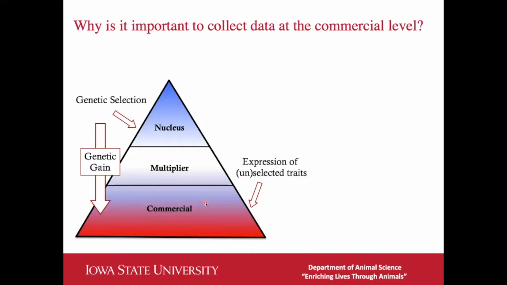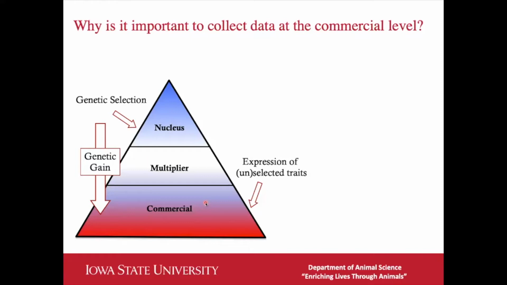At the commercial level, we use high fiber much more frequently than in the nucleus, and this trait is not selected for. Also response to vaccinations, response to diseases, heat stress, and so forth. The commercial level is where we have our product.